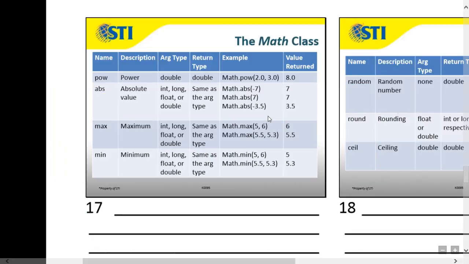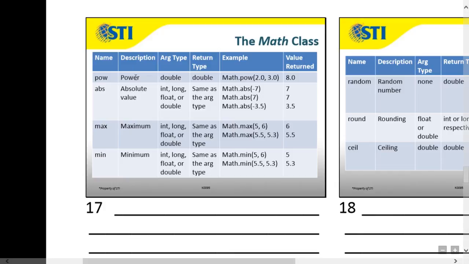A Math class is one of the libraries included in our JDK, and it gives us static functions or methods inside it. And here are some of those methods. One is the power.